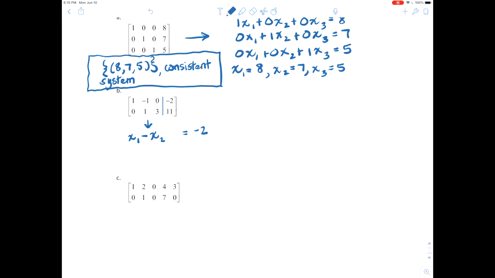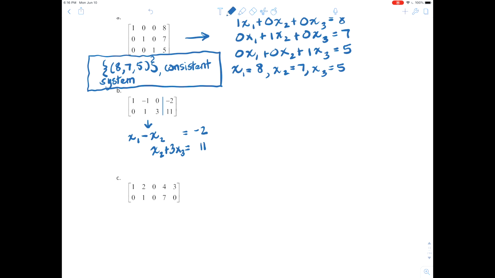And then 0x1 plus 1x2 plus 3x3 is equal to 11. Uh-oh, what kind of system is this? It's a dependent system, isn't it? So it's still consistent, but it's going to have infinitely many solutions.